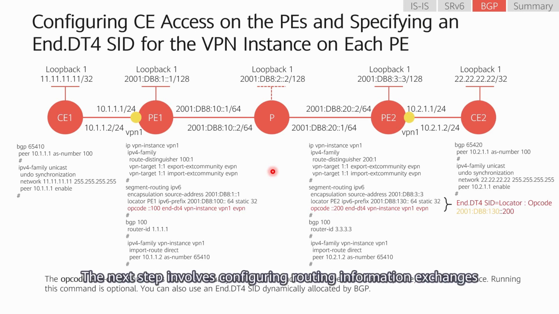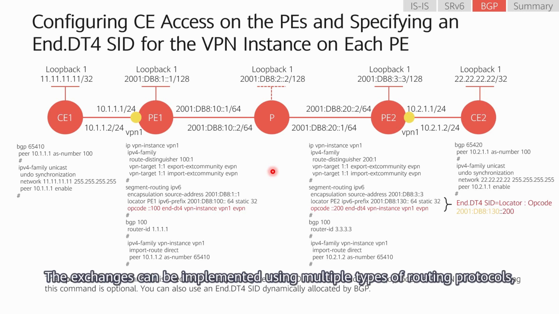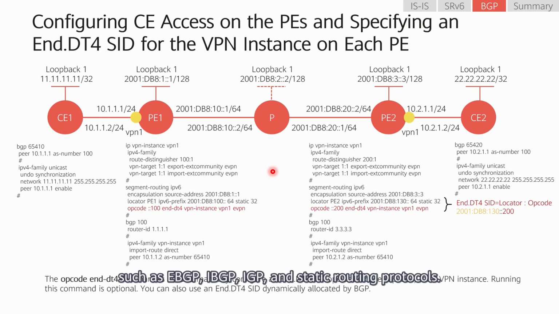The next step involves configuring routing information exchanges between each PE and its connected CE. The exchanges can be implemented using multiple types of routing protocols, such as eBGP, iBGP, IGP, and static routing protocols. Here, we'll use BGP as an example.